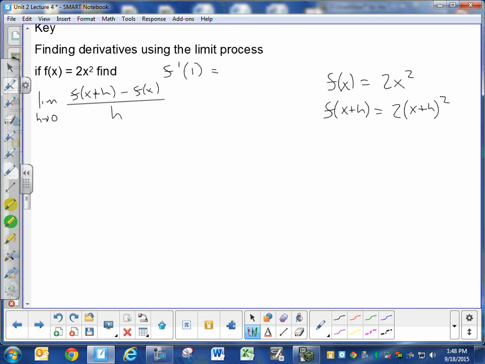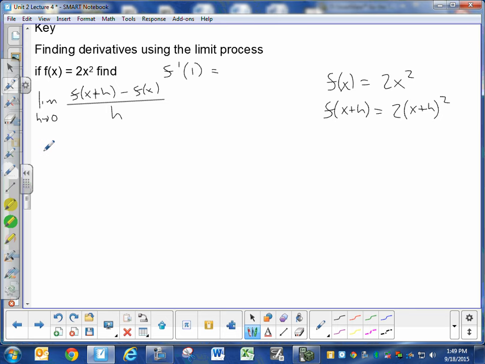Okay? Now, everybody needs to be writing this down because this is what you're going to be doing for your homework for a bunch of different types of functions. Okay? So make sure you're staying with me. All right, now that I know what f of x is and I know what f of x plus h is, let's just plug it into our formula. Let's plug it into this magical equation. Let's see what happens.